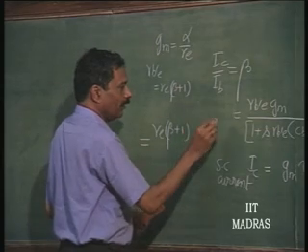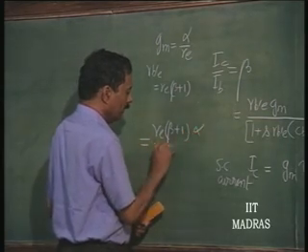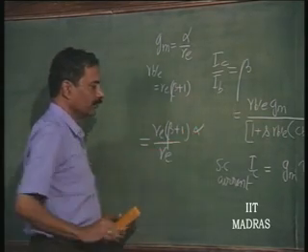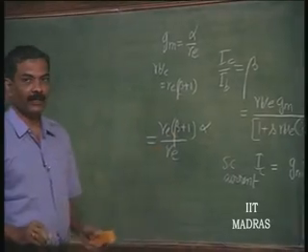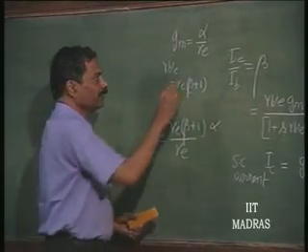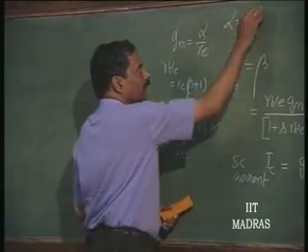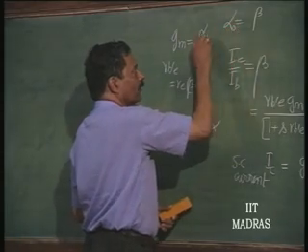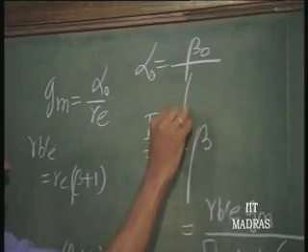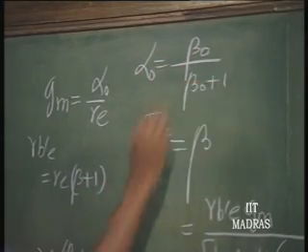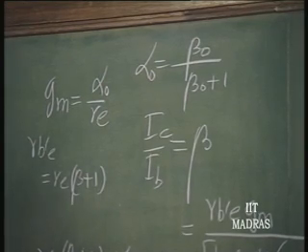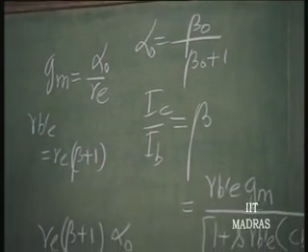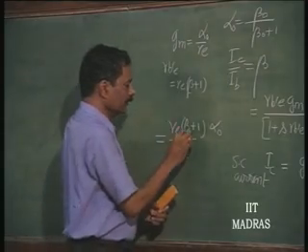And what is alpha? Alpha naught is beta naught divided by beta naught plus 1.